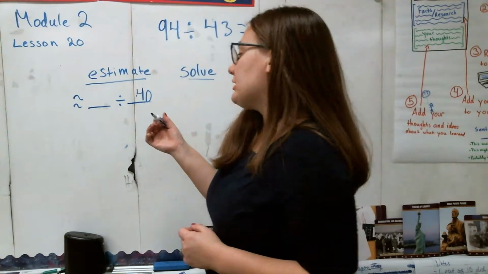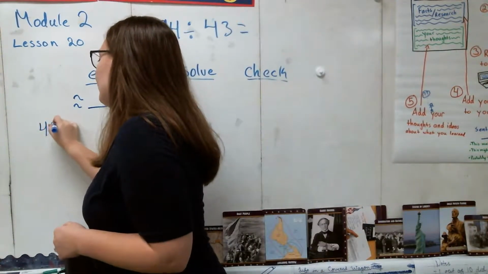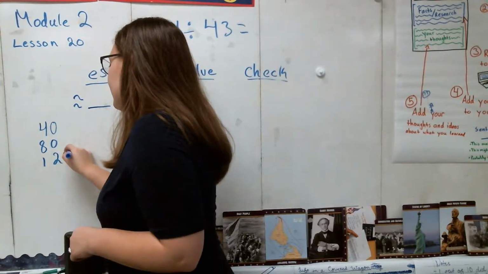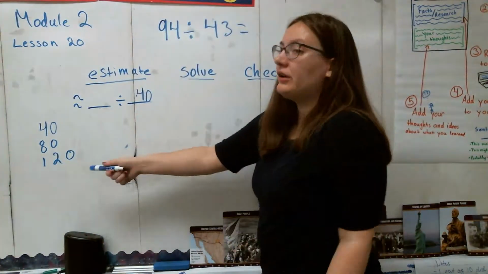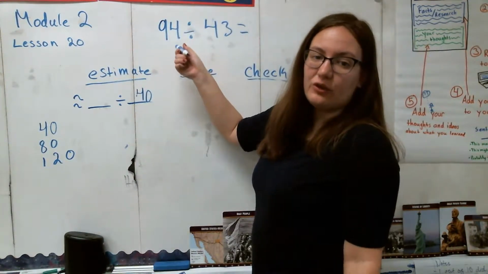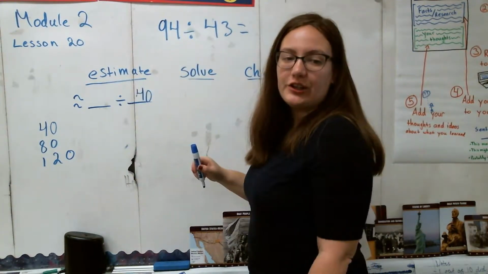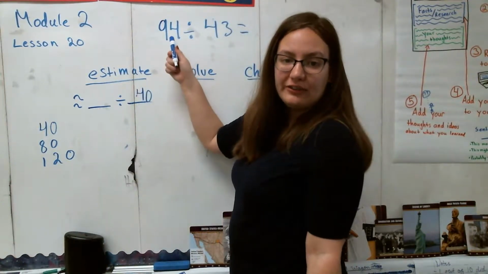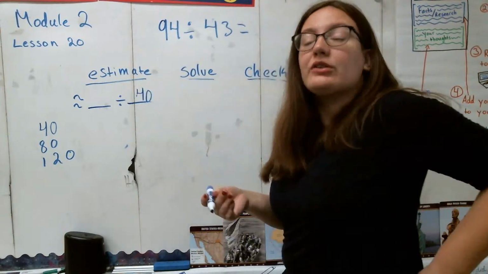So my multiples of 40 would be 40, 80, and then 120. Now I know that 120 is way too big because that goes over my dividend of 94, so I really don't want to make that 120. 80 though would be perfect because it is below 94 and it is really close to 94.